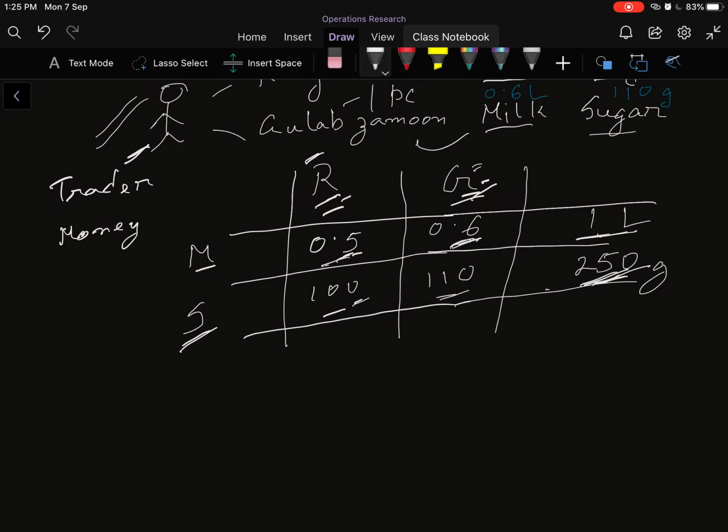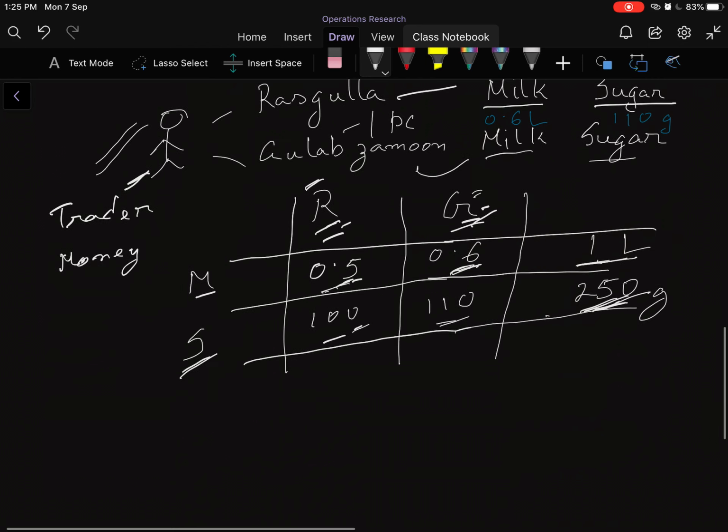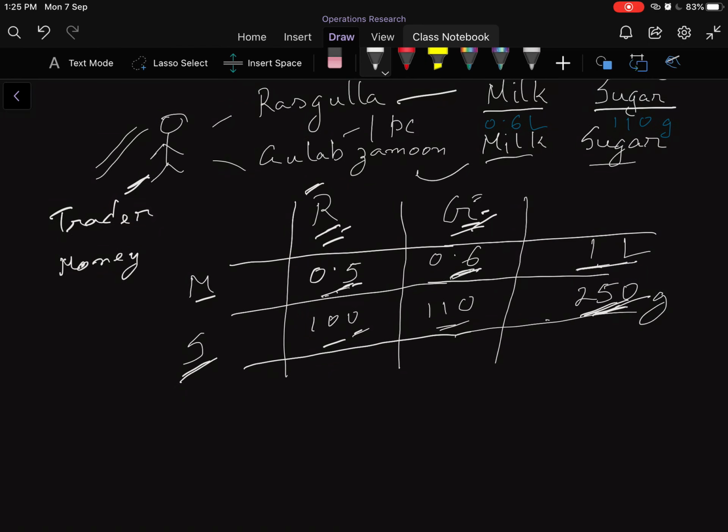So let's say that by selling one rasgulla, he makes a profit of 6 rupees. And by selling one gulab jamun, he makes a profit of 5 rupees.